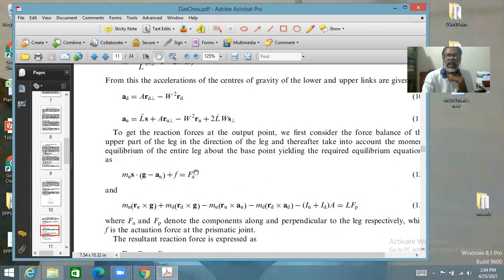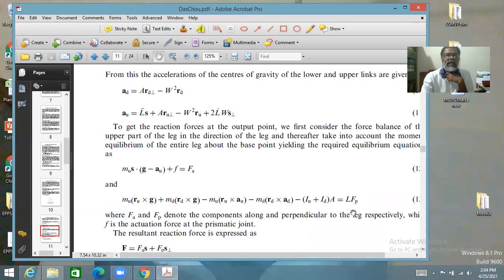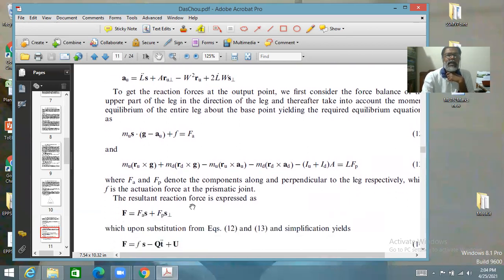Okay, so along the leg we got here, perpendicular to the leg we get from here. Okay, so the resultant reaction force is this into S, small s, and Fp into the perpendicular unit vector. Okay, so this becomes the contribution of this leg to the end effector. Fine.